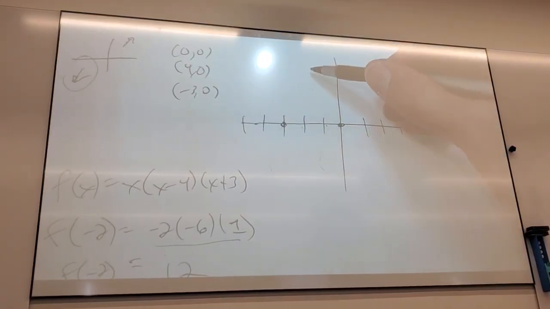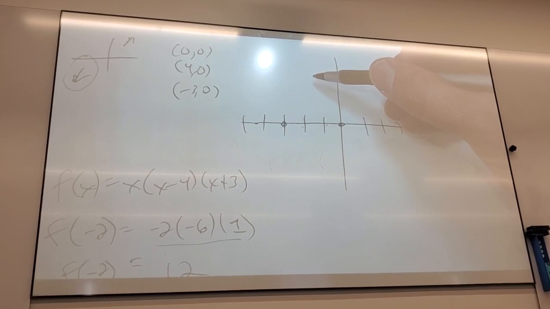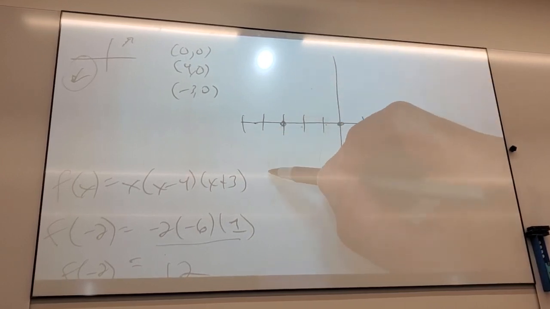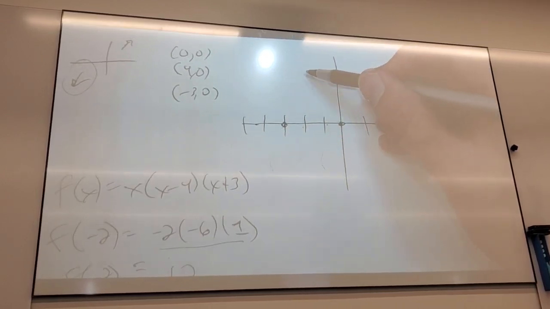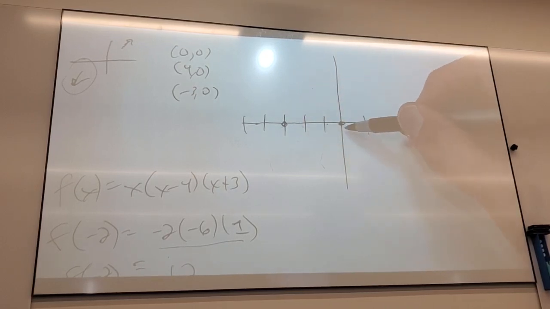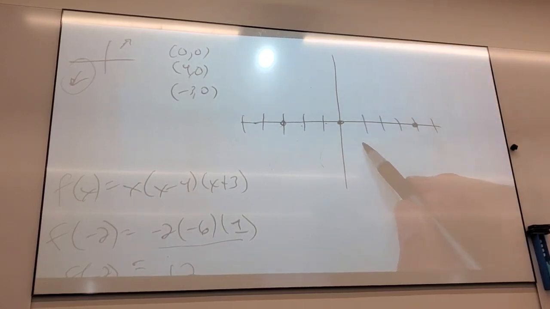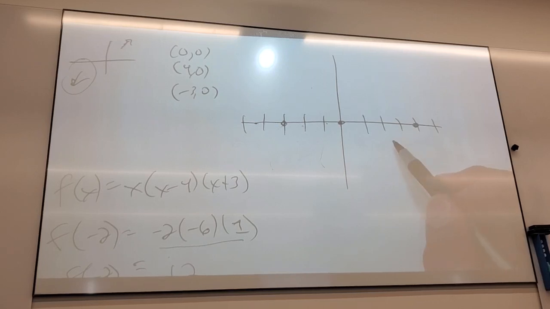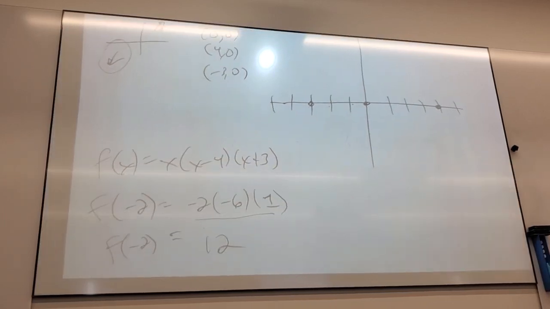So I know it's going to be up here somewhere. It looks like it goes through and reaches a peak somewhere in here. It's not necessarily 12, but it's the most we know. So the point is (-2, 12). Then it comes back down, and either it turns or goes through, and again it has either a peak or a valley over here. What's a good point to plug in over here? 2.